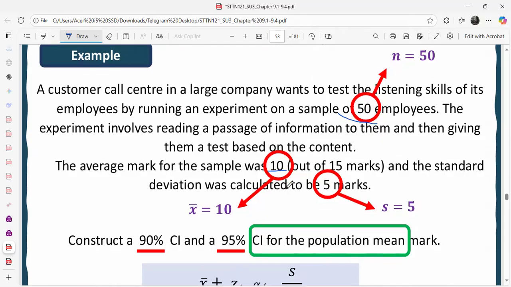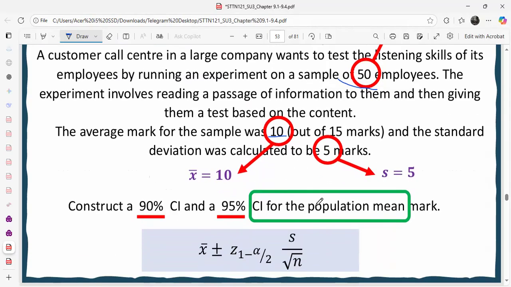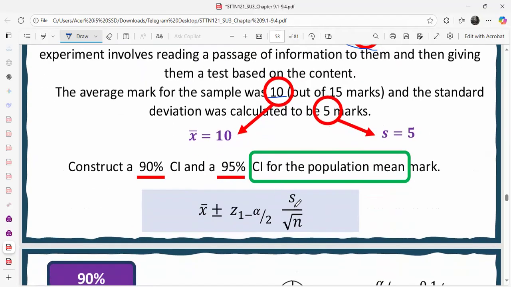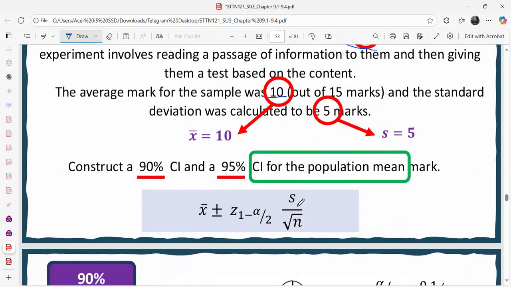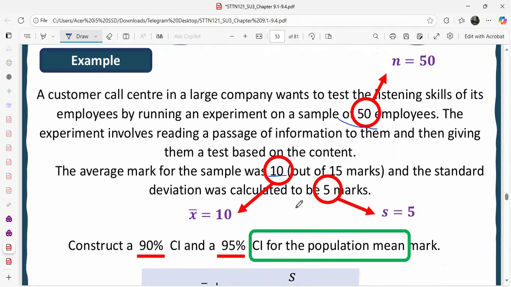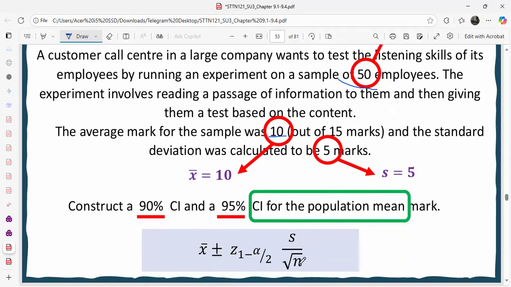So you can see that on this one, you're still going to use this formula, the one for a sample standard deviation, because we already have the sample standard deviation as 5, over square root of n.